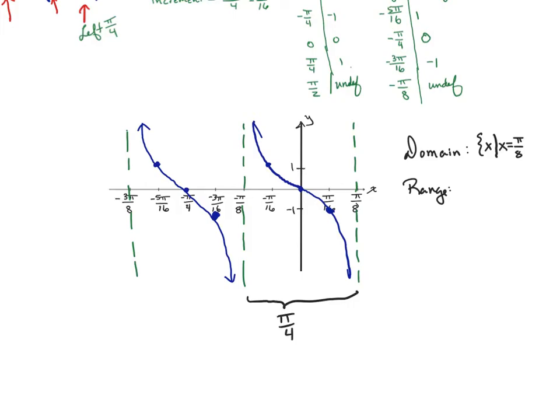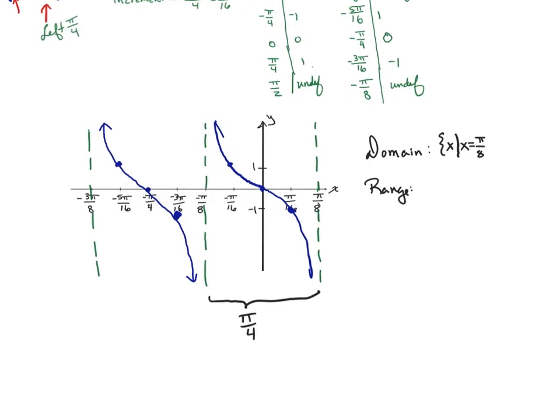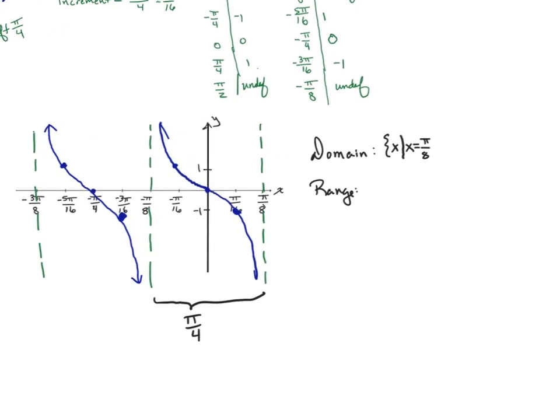So our domain is all x values where x does not equal π/8 plus π/4 k. The range is negative infinity to infinity.